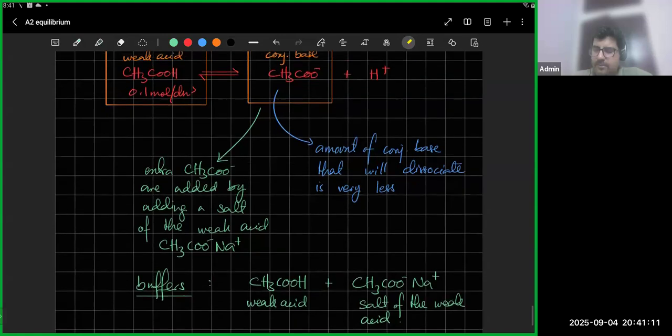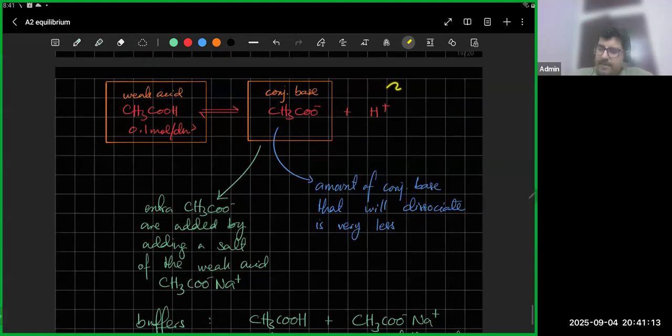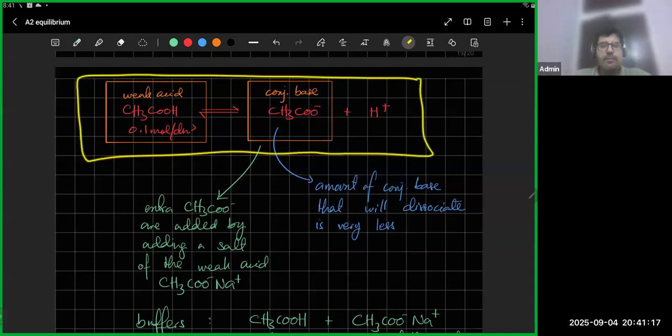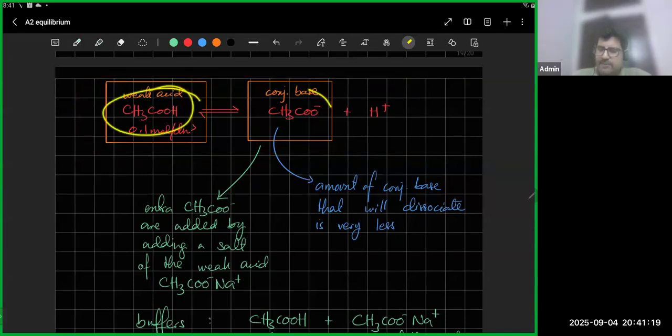Now what's the last thing? Remember your expression. It's the same equilibrium, right? It's the same ethanoic acid dissociating, producing these two ions. So it will have the same dissociation constant, except with one difference.